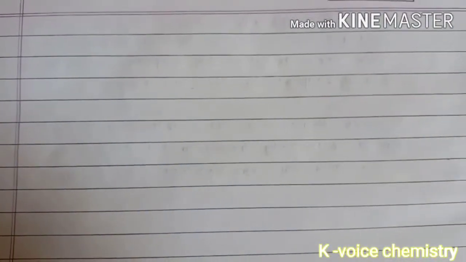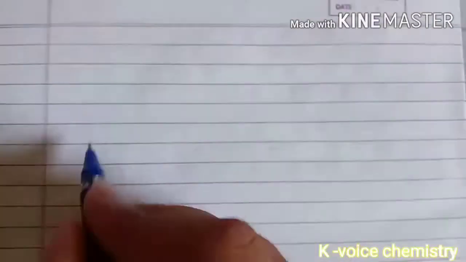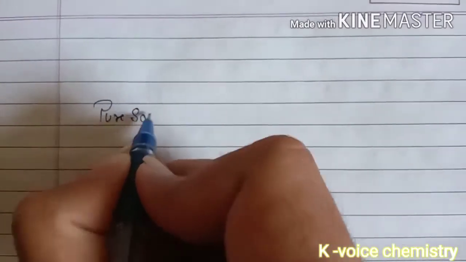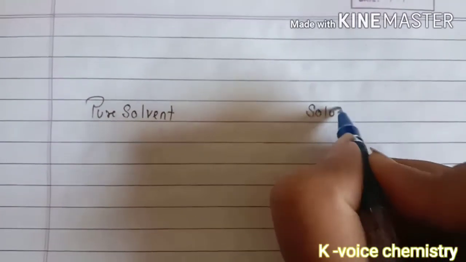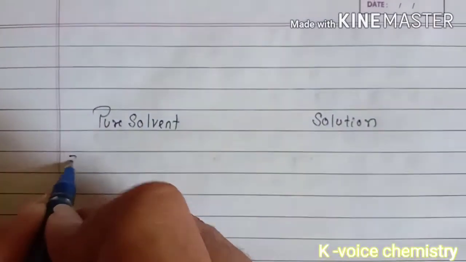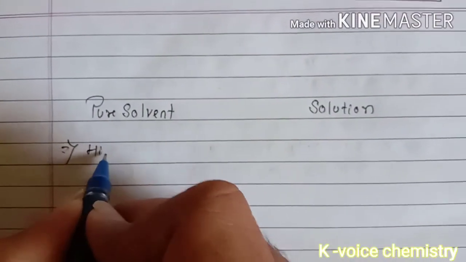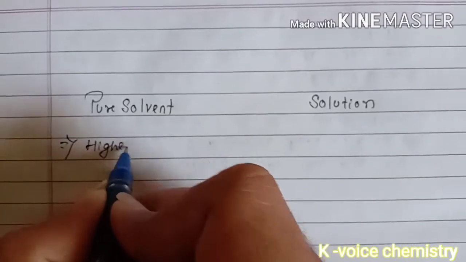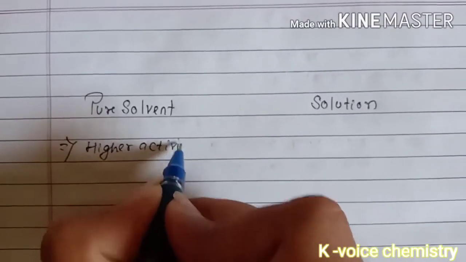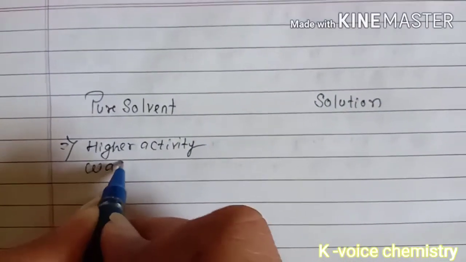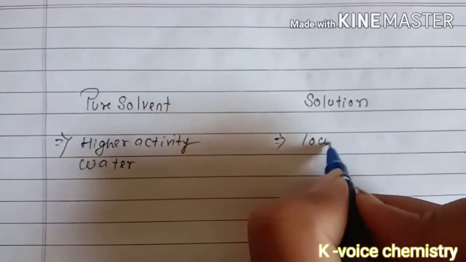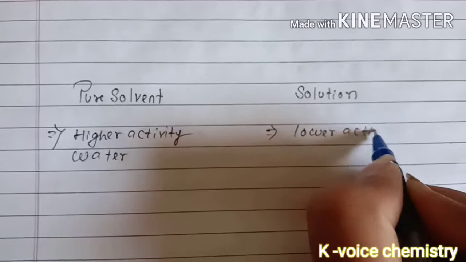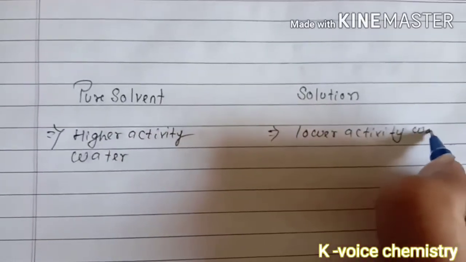Before showing you the diagram, we must know this: if we are talking about pure solvent and solution, in case of pure solvent we'll have higher activity water, but in the case of the solution we will have lower activity water.